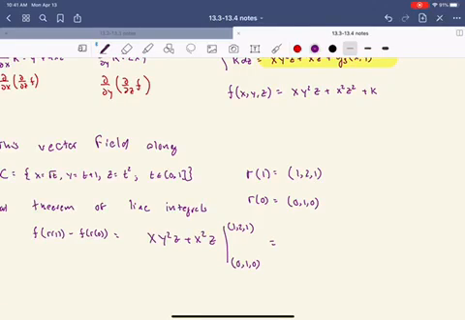That's going to be 1 times 4 times 1 is 4, plus 1, 5, minus 0. So we get 5 back.